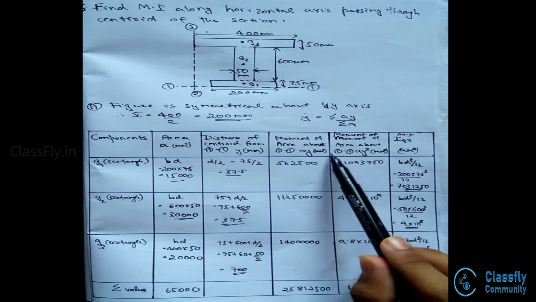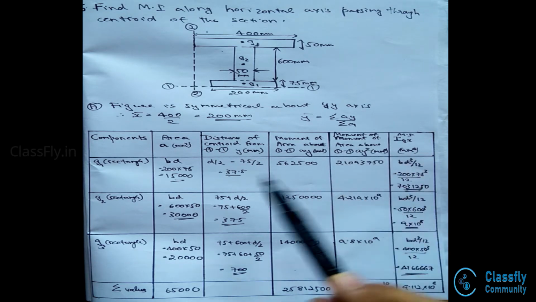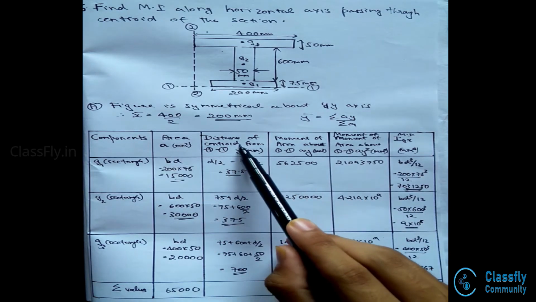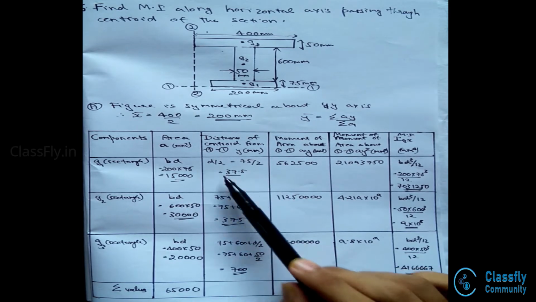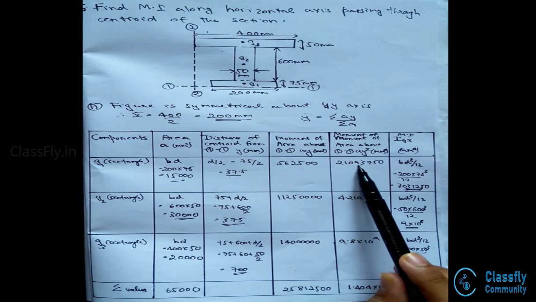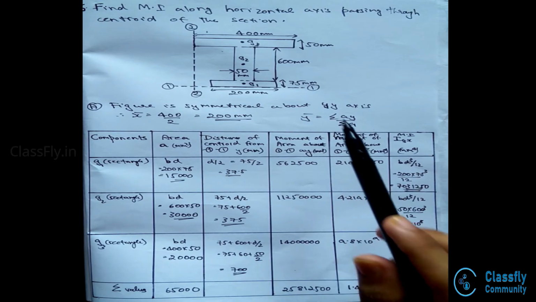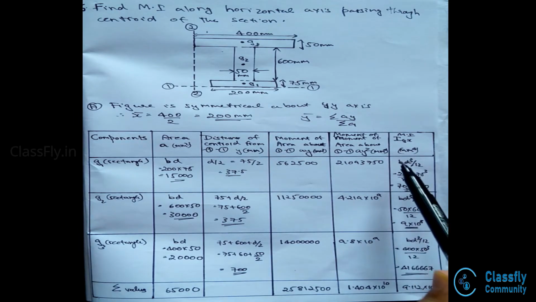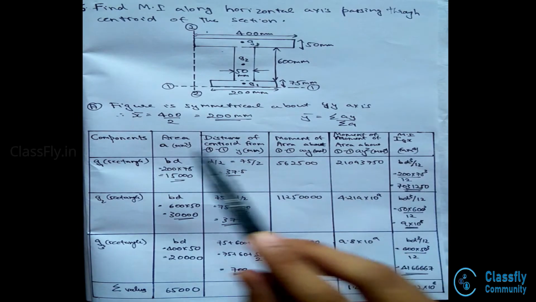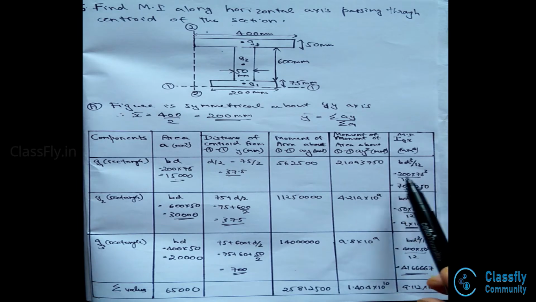The moment of area about the 1-1 axis, that is a into y square, will be nothing but 15,000 into 37.5 square, which will be 21093750. Now, the moment of inertia of the component, say Igx, is given by bd cube by 12, as this is a rectangle. Hence, we have 200 into 75 cube divided by 12, which will give us 7031250.